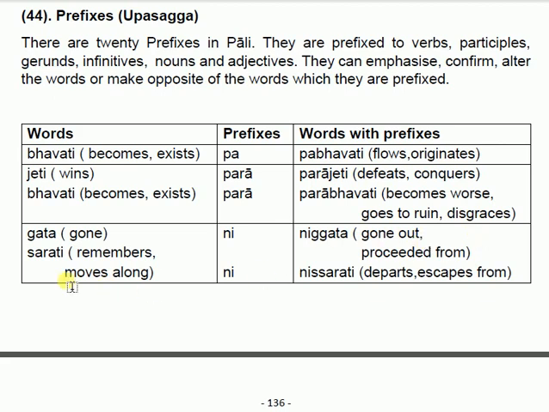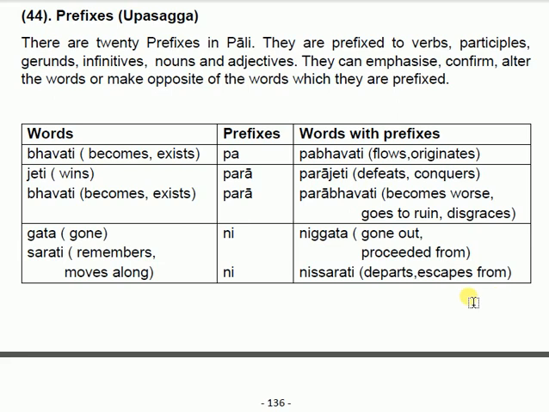Then gata means gone; with prefix ni, niggata means gone out or proceeded from. Then sarati means remembers or moves along; adding ni, nissarati means departs or escapes from.